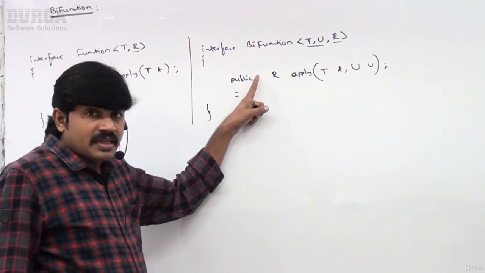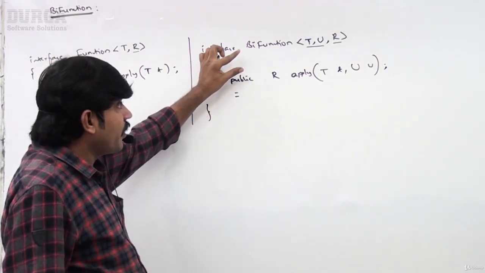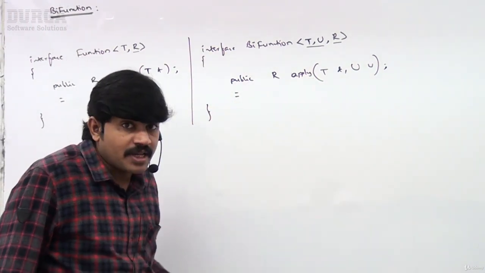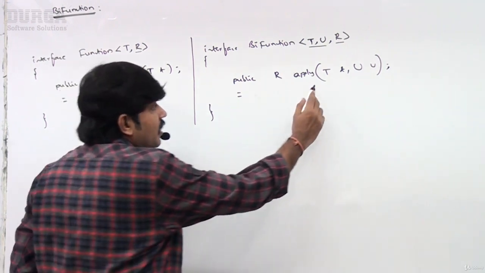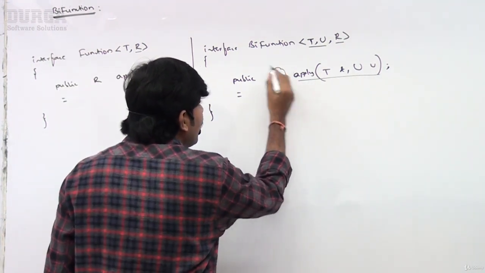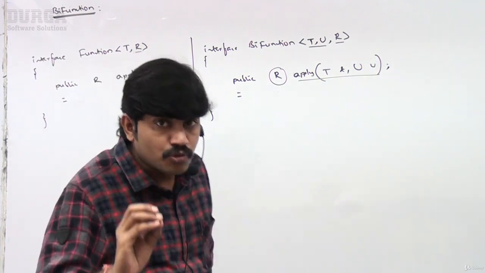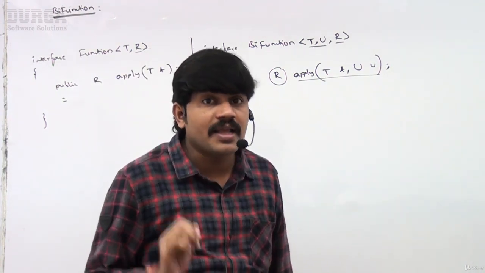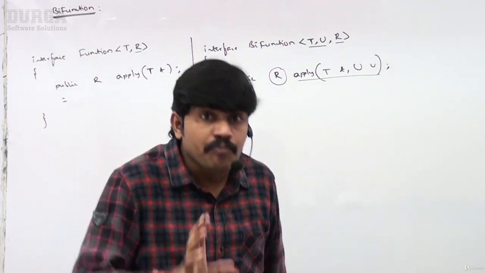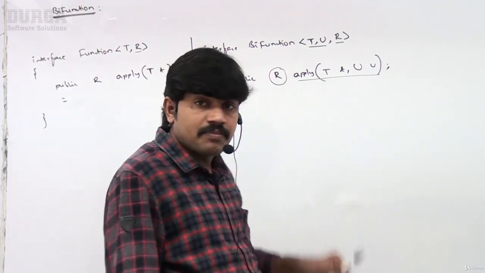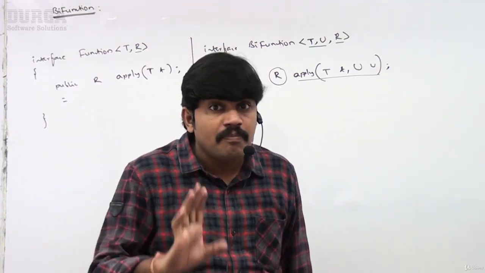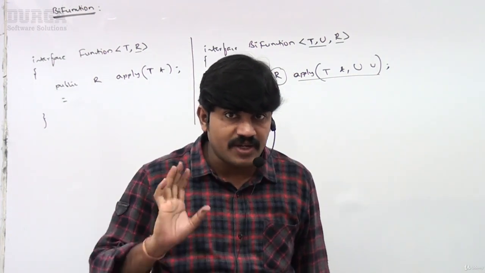Now observe the difference: apply takes two input arguments, performs the required operation and returns the result. So if you want to accept two input values, perform some operation and return something based on it, then we should go for the BiFunction functional interface.